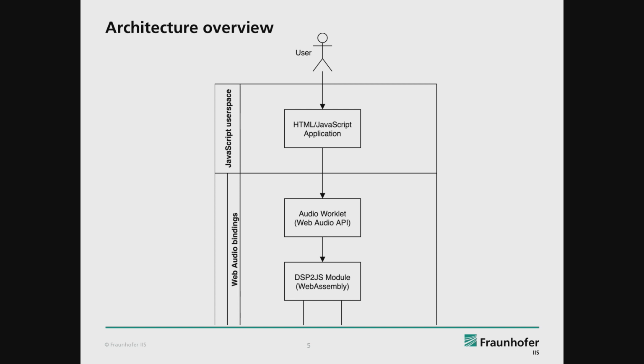There's a user which interacts with a web app, and this web app is connected to the audio worklet interface from the WebAudio API. On the processor side, you will find the DSP2JS module, which is compiled WebAssembly generated by Emscripten.